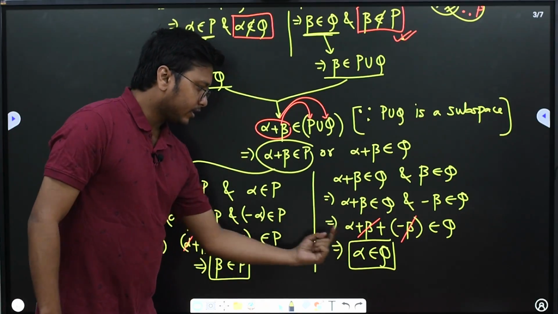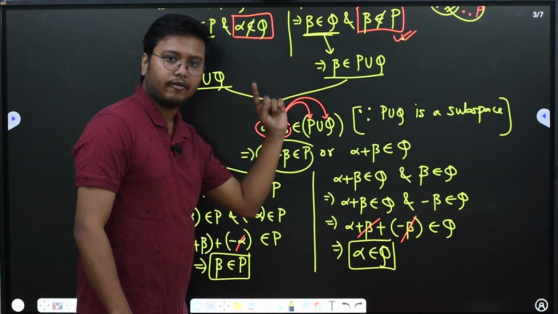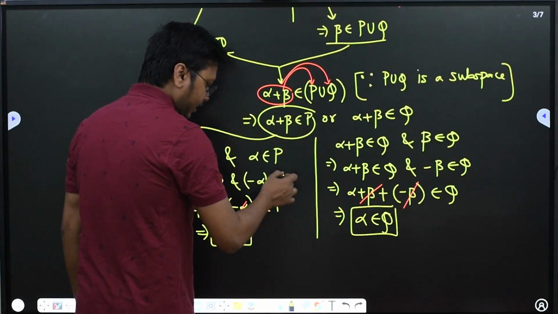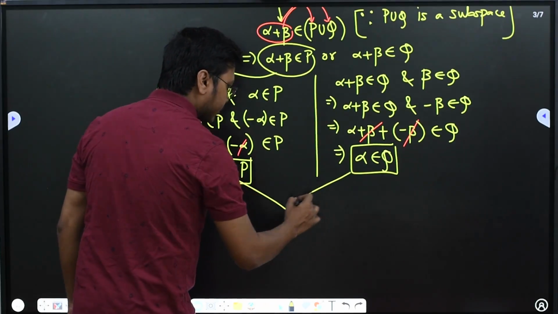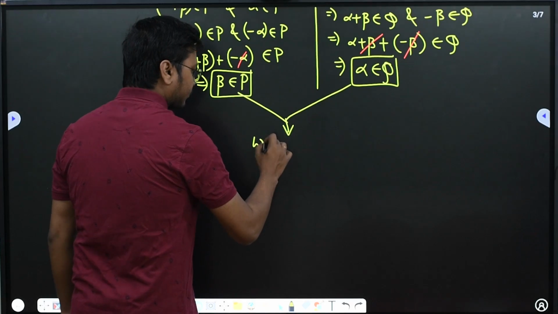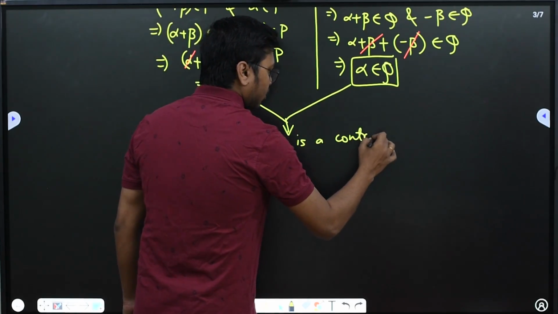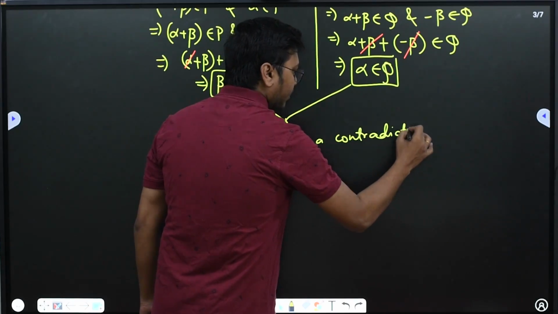So in either of the cases we are facing a contradiction to our previously known facts. So from here I can say that these two things are giving me a contradiction. So why did this contradiction occur?